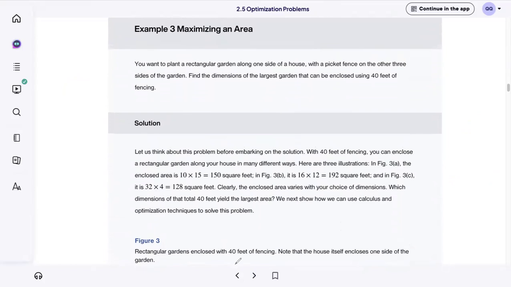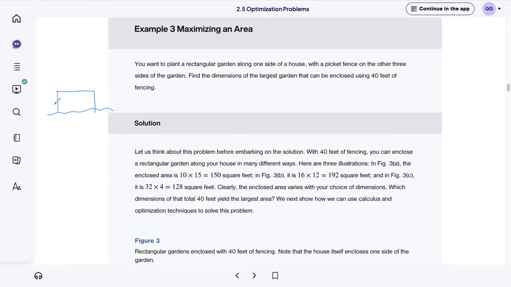Let's see this question. We want to plant a rectangular garden. Rectangular garden means like a rectangle. Along one side of a house. So imagine this is a house. With a picket fence on the other 3 sides of the garden.